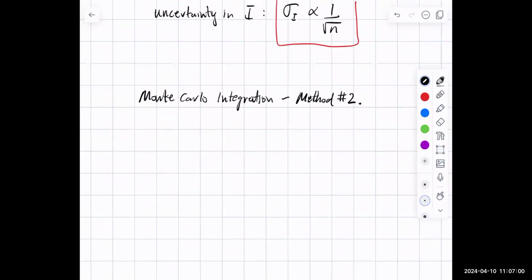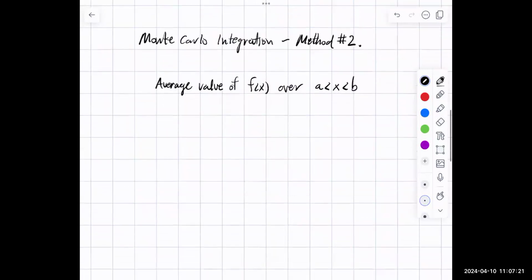Okay, so who remembers how you calculate the average value of a function? Average value of f of x over the range x from a to b. So we could plot that.